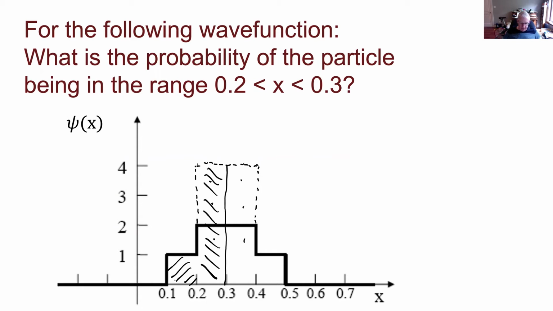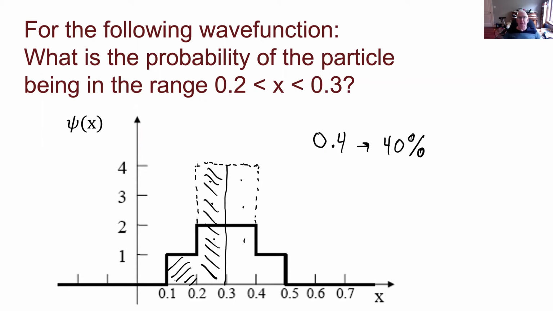If I do that in that column, I have 4 of those boxes. Each one of those boxes has an area of 1/10, we said. So I have 0.4 out of the total area of 1. So my probability of being in there looks like it's 0.4, which means I could say there's a 40% chance of finding the particle in that region if it's represented by this particular wave function, okay?